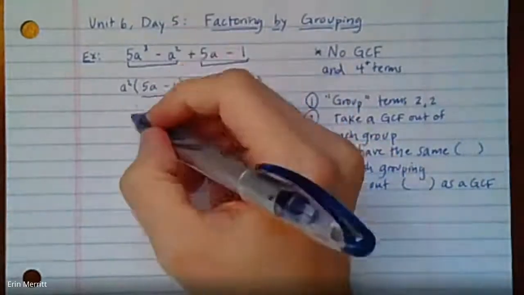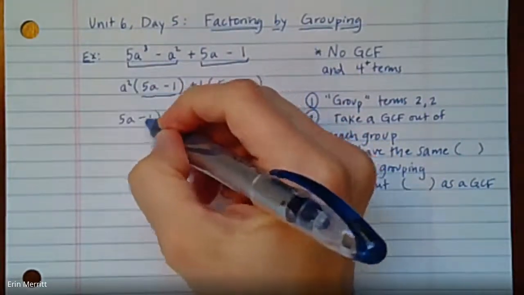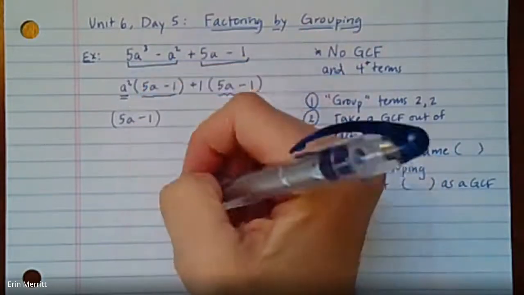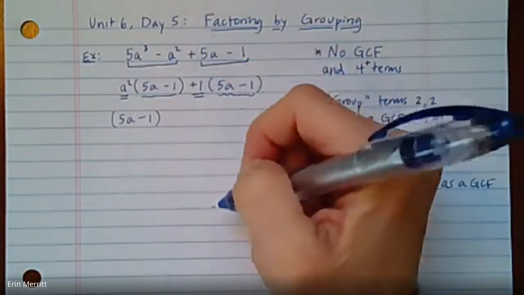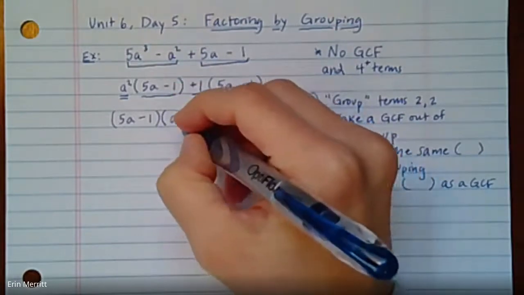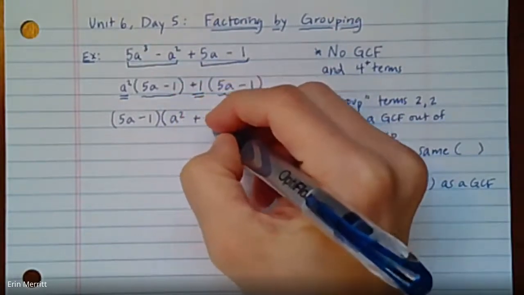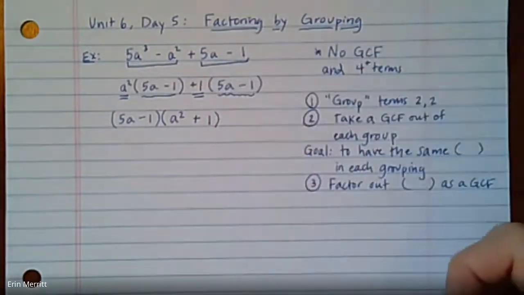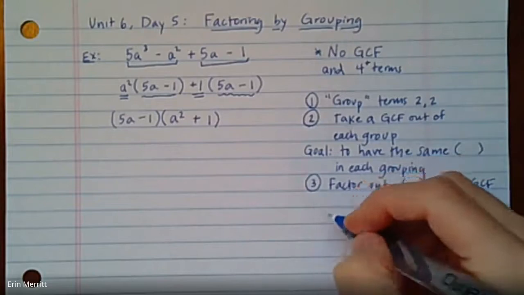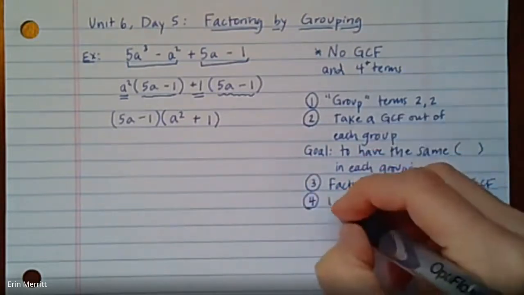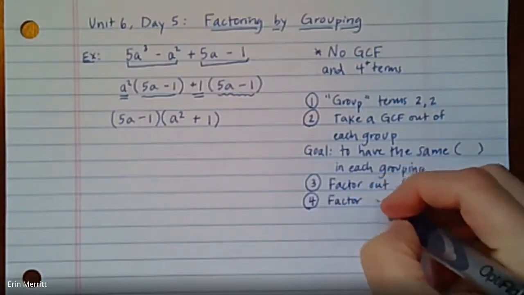So I can take that 5a minus 1 out front, and then what I'm left with is an a squared from here and a plus 1 from over here. So into the second parenthesis will go the a squared and then the plus 1 from the second grouping, excuse me, right? And then, if possible, keep factoring.